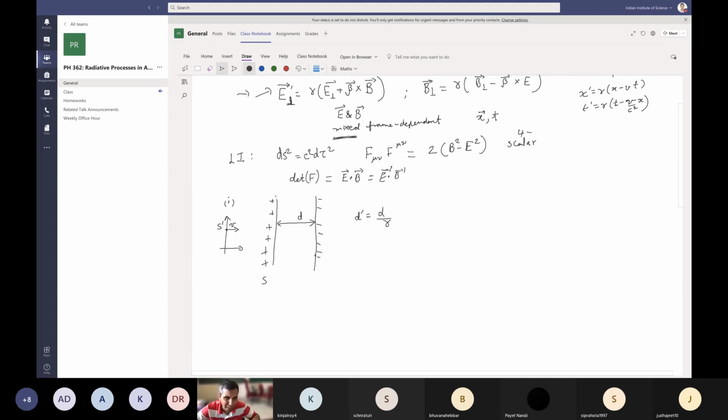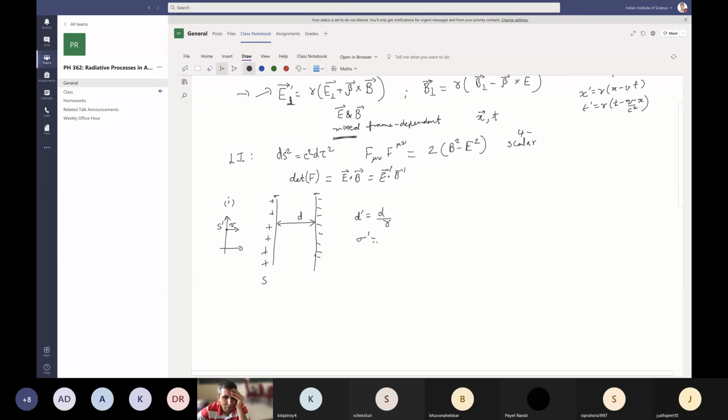What about the charge density on these plates? Does it change or not? The amount of charge will not change, because charge is a scalar, a Lorentz invariant. Total charge is a Lorentz invariant. What about sigma? Does it change in this moving frame?